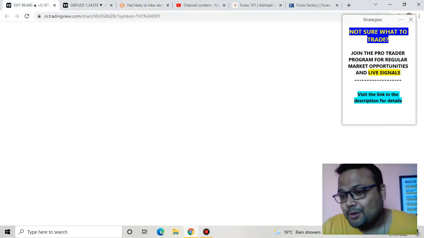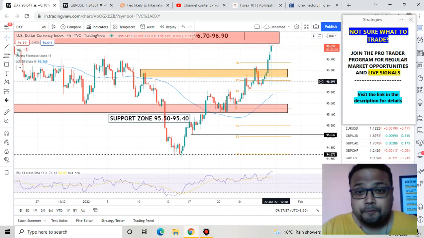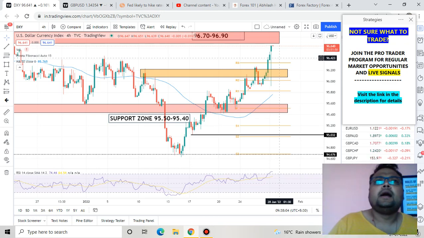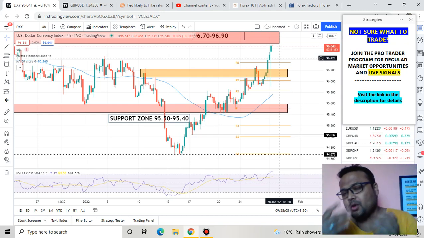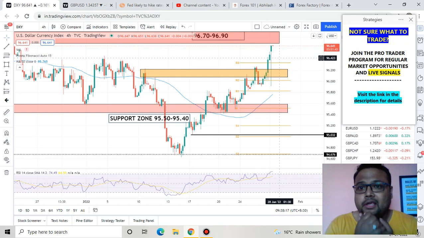Just look at the size of this candle on DXY here. As a result, we have seen heavy sell-off on Euro USD, GBP USD, and Gold USD. But in comparison to gold or Euro USD, the sell-off on GBP USD is less. And for the last couple of days, we have also seen less volatility in the movement on GBP USD.